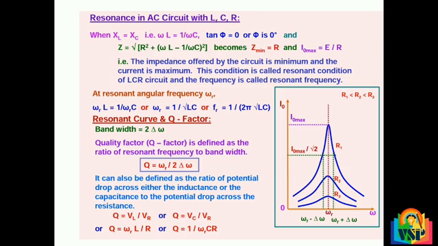It is defined as the ratio of the voltage developed across the inductance or capacitance at resonance to the impressed voltage, which is the voltage applied across R. Once again, it is the measure of sharpness of the resonance of an AC LCR series circuit.